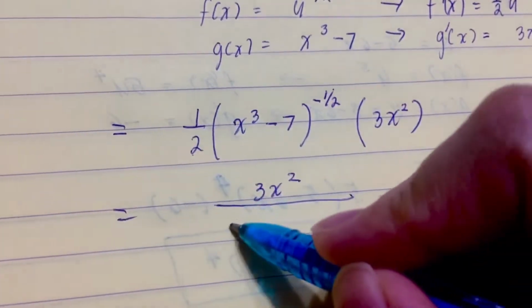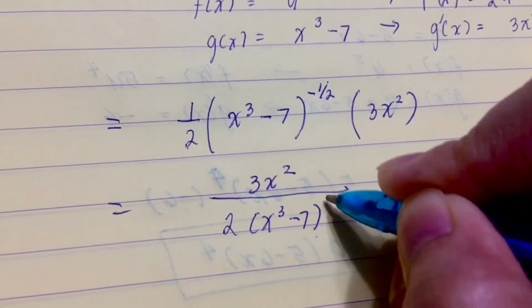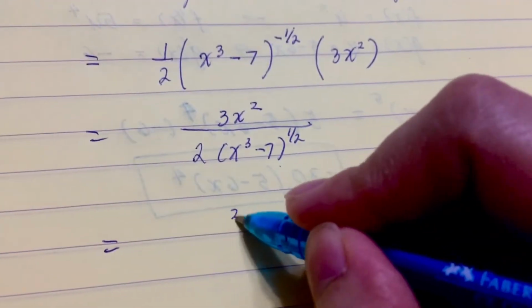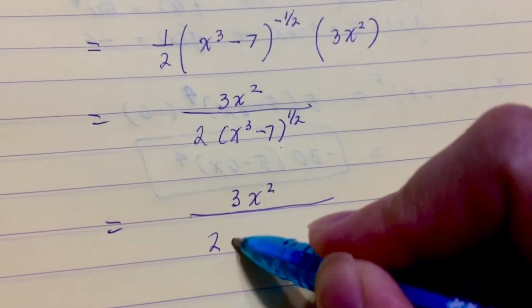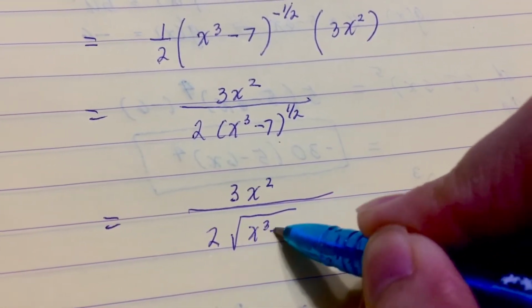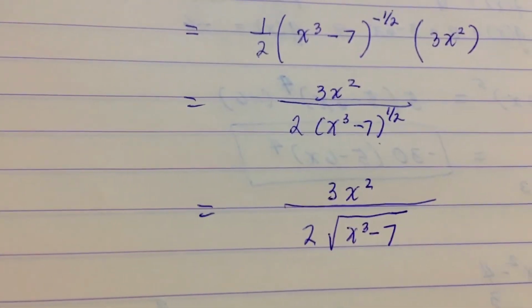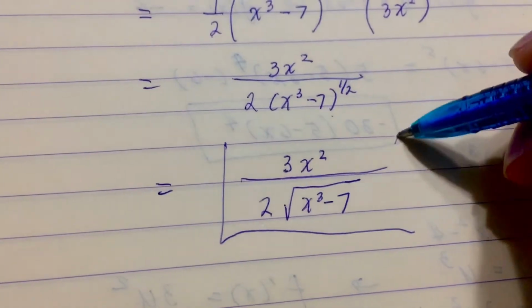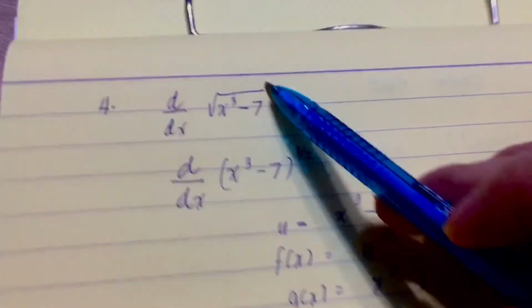So you have 2 here, then x cubed minus 7 raised to 1/2, or you can write it as a radical: 2 square root of x cubed minus 7. Okay, that's it. Alright, so this is the derivative of this function.